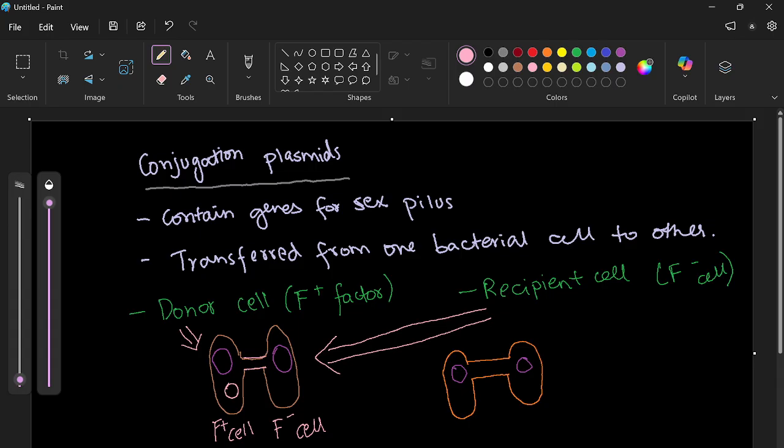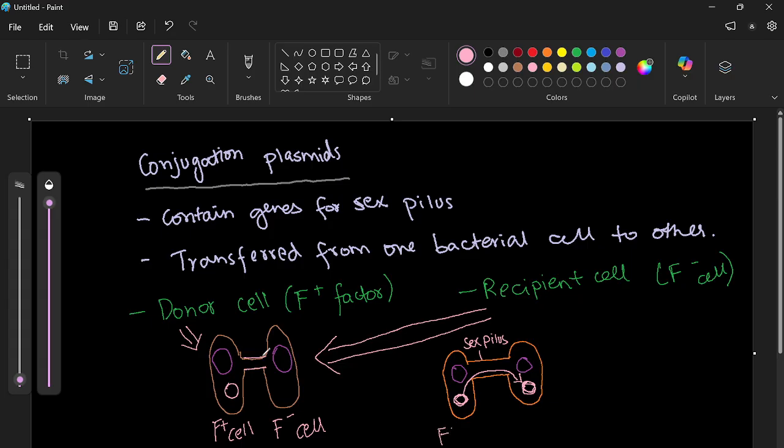What is happening? As the DNA is double stranded, one strand only of this plasmid will go into this cell with the aid of this sex pilus, and thus it will also contain this one strand of the plasmid. Now, what will happen next? These two single strands of DNA will replicate, thus completing the double-stranded DNA molecule in both. So what is happening?